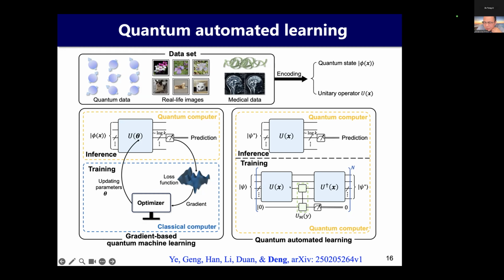Then during the training process, in the middle of the circuit, we do some perturbation, such that after the perturbation, the predicted label will be closer to the target label. Because we only consider the supervised learning case, you know the label Y of X, so you can do such a perturbation.